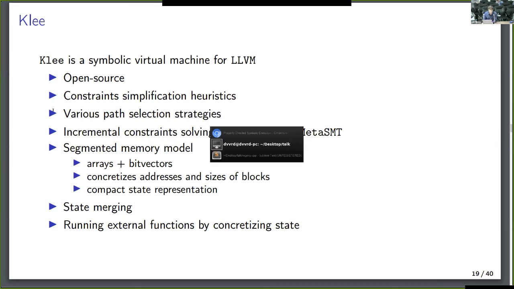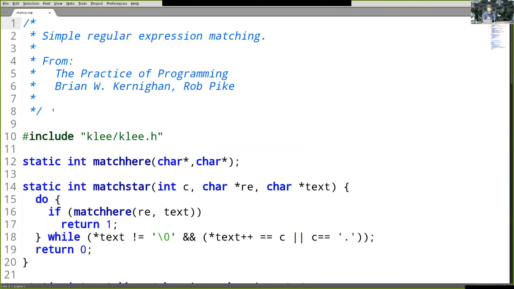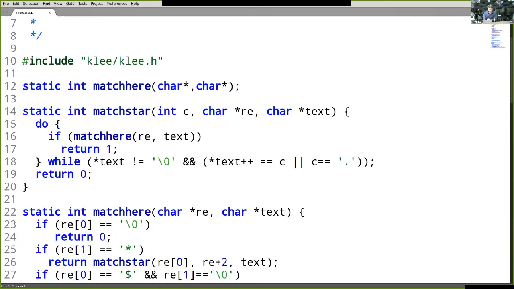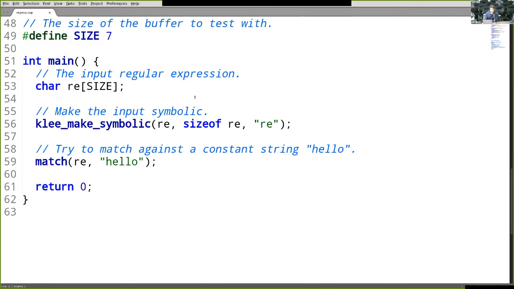So let me show this klee in action. Here I have this example. This is a standard example from the website of klee. You may download this file. This is a simple regular expression matching engine from the book The Practice of Programming by these two authors. Here we have this test harness where we make a symbolic buffer.